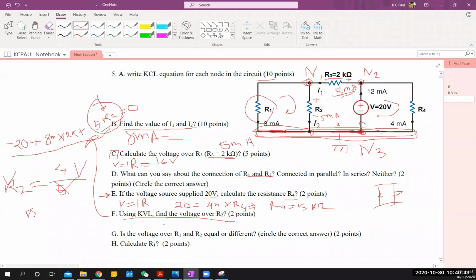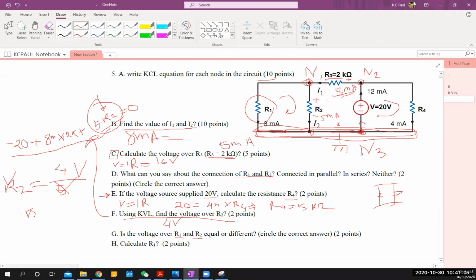There is no confusion. So just put what is the value of 5R2? There is 4 volts. Now, is the voltage over R2 and R1 equal or different?